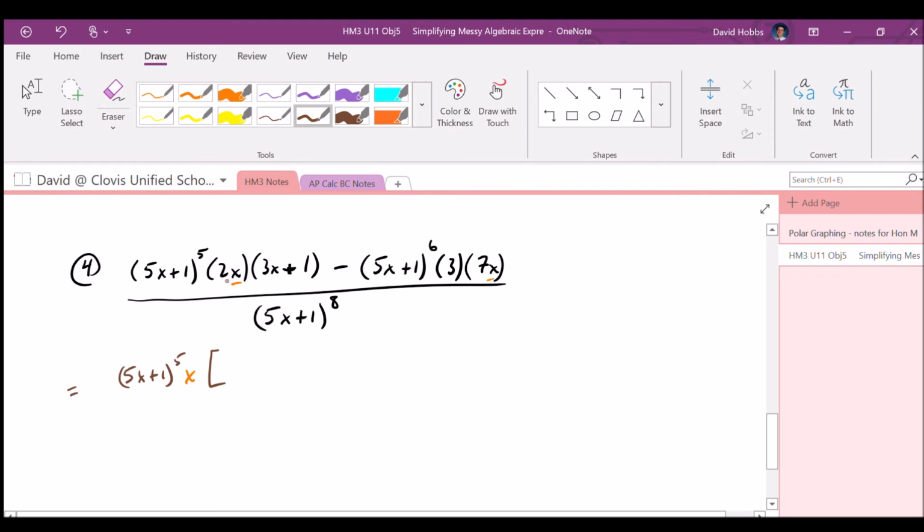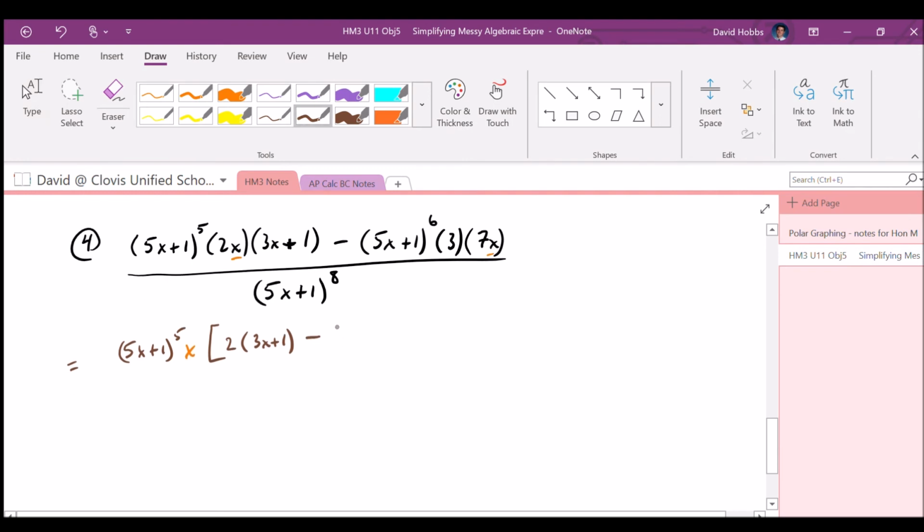Well, we've got 2 times (3x plus 1) minus, okay, now I had 3 and a 7, so 3 times 7, 21. And we have one more (5x plus 1) left behind, so that if we multiplied the GCF stuff out in front, we would have a (5x plus 1) quantity to the 6th. Okay, so (5x plus 1) quantity to the 8th.